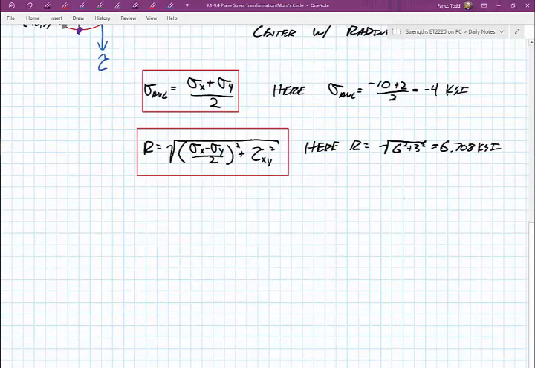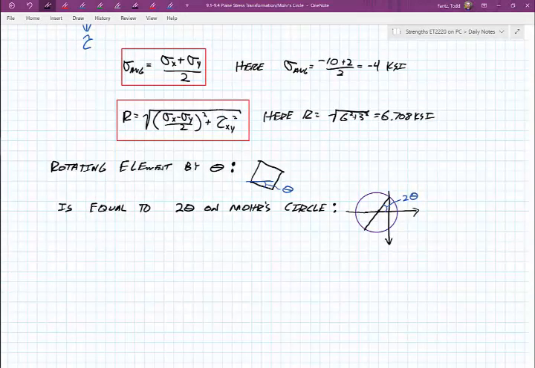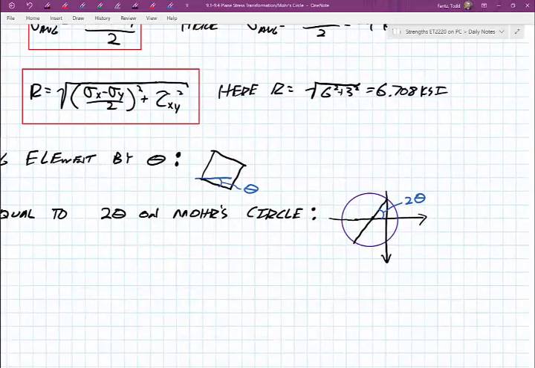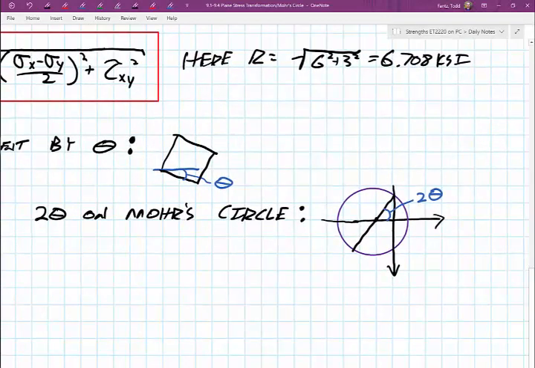So my relationship is shown here: if I rotate the element by some angle theta, it's equal to 2 theta on Mohr's circle, or twice as much on Mohr's circle. And the direction is the same, meaning if I'm rotating my element clockwise, then my rotating this 2 theta on Mohr's circle would also be clockwise, right? It's rotating this thing. I could draw it either side, but something like that.